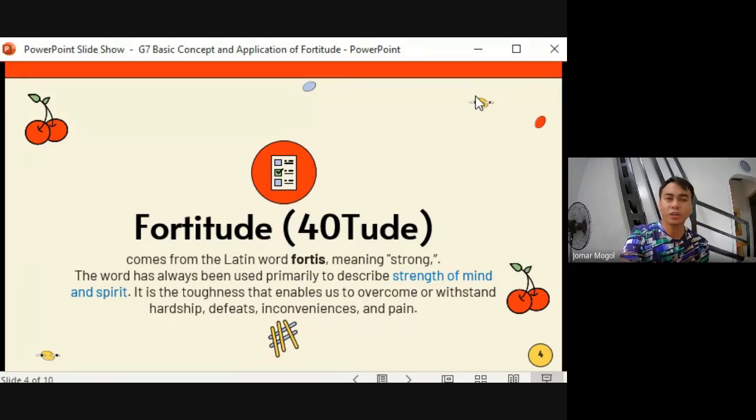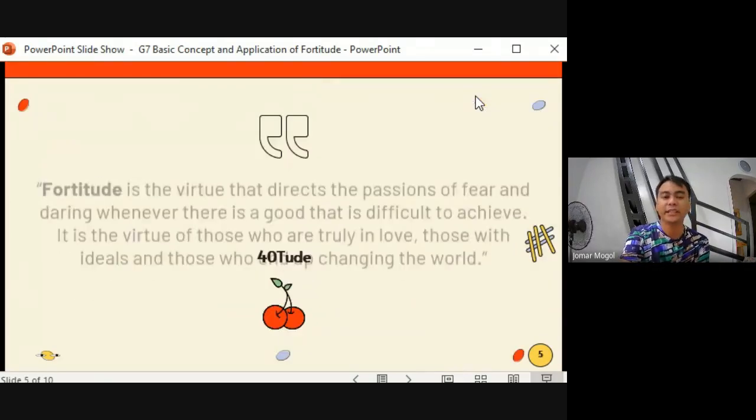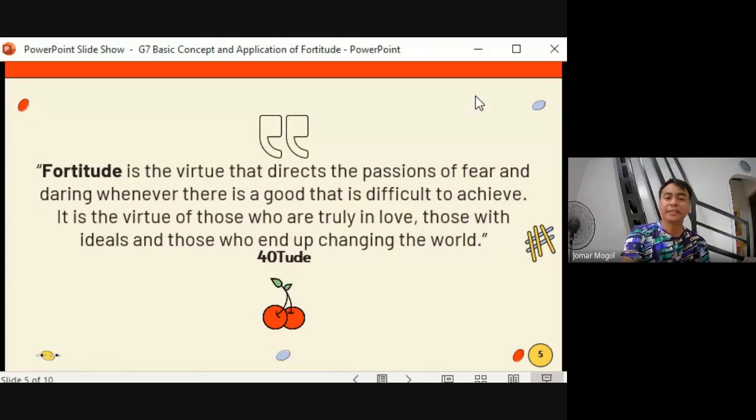Another thought or idea about fortitude is that fortitude is the virtue that directs the passion of fear and daring whenever there is a good that is difficult to achieve. It is the virtue of those who are truly in love.